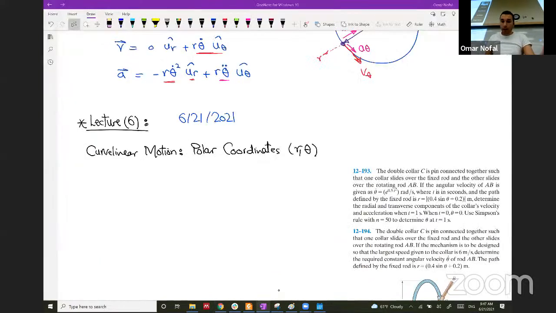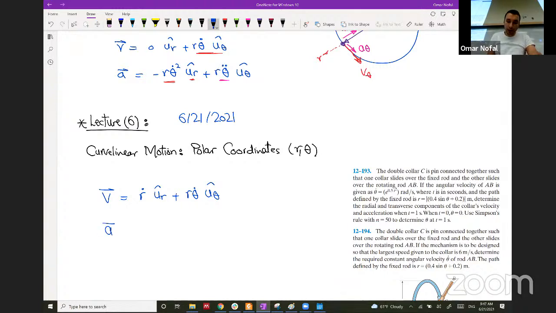All right. So last time we were talking about curvilinear motion, and we used polar coordinate systems, and these are the two equations that we have from last time. The velocity vector is equal to r dot in the direction of u_r hat plus r theta dot in the direction of u_theta hat.